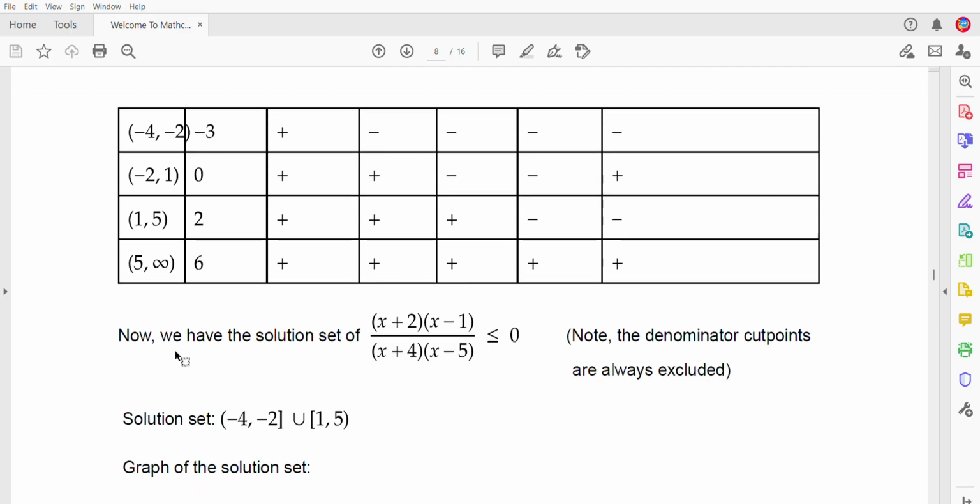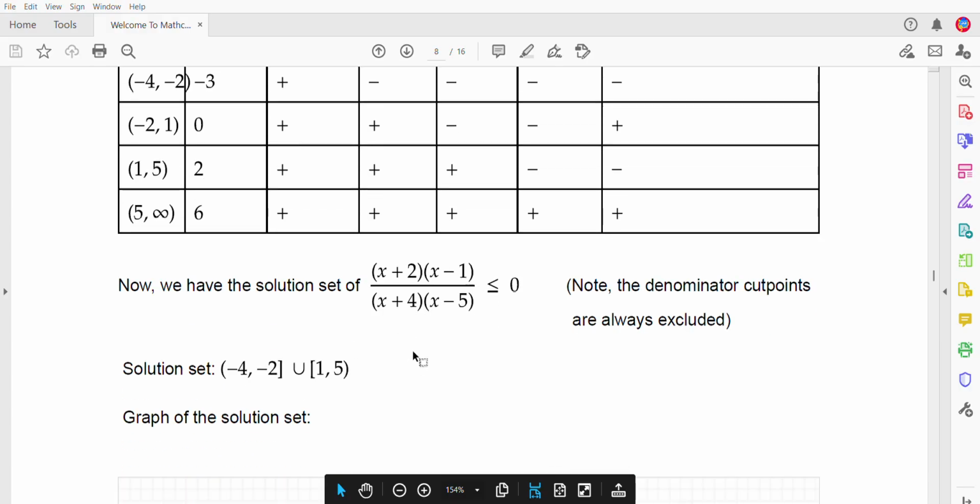But notice, less than or equal to 0, I should in theory be allowed endpoints. Why didn't I choose these endpoints? Negative 4 and 5, where did I get these from? From the denominator. The zeros of the denominator are not in your domain. If I plug in negative 4, it will become 0 in the bottom.